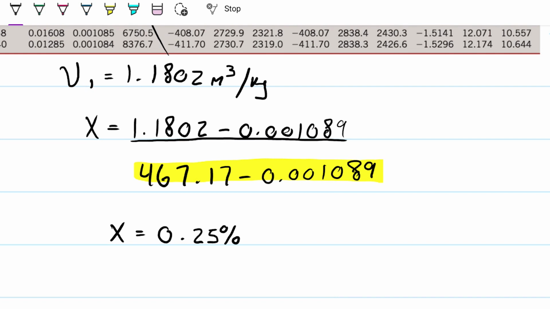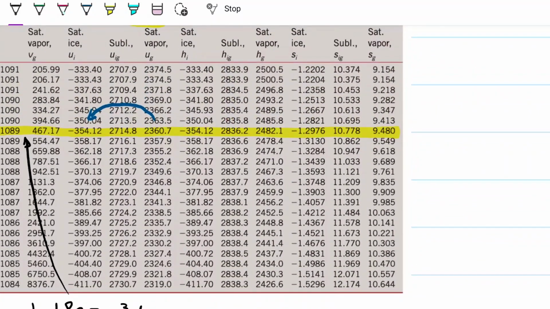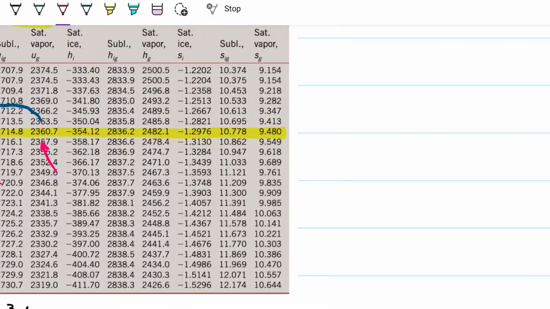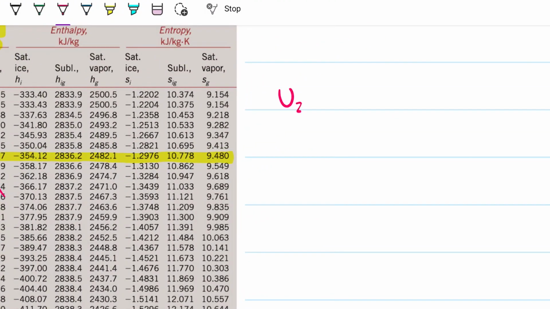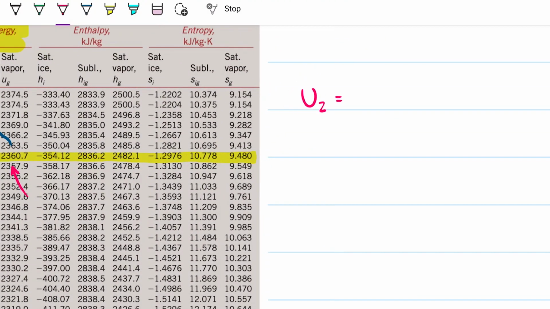And at this point, what we need to do is, okay, if this is the case, then I know that 0.25% of energy is coming from this big number, and the vast majority, 99 plus, is coming from this number. So if I want to know what's the internal energy on my state 2, all I need to do is once again relate the two things.